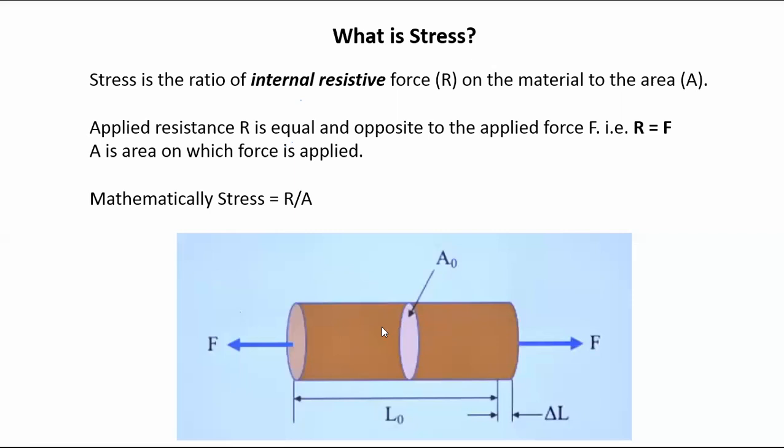Here the internal resistive force R will be exactly equal to the F, because there is no other force, and you know that where there is action, there is equal and opposite reaction. So in this case, the F will be equal to R.